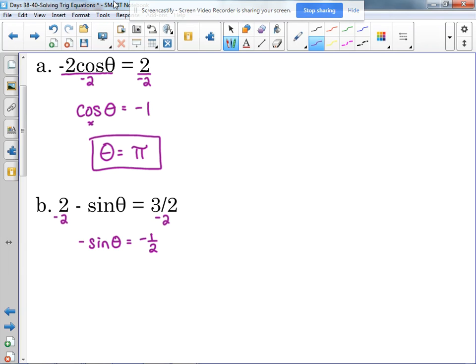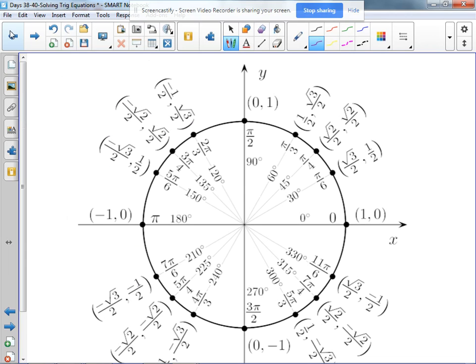Trig function still not by itself. It's got a negative in front of it, so we need to divide by -1 or multiply by -1. Either way you want to look at it. -1/2 divided by -1 makes that a +1/2. So sine of theta is equal to +1/2. So sine is our y-coordinate. So we go to the unit circle. We're looking for a y-coordinate of +1/2.